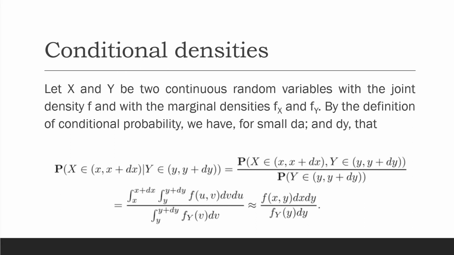By definition of conditional probability, we have, for small dx and dy, that the probability of X being an element of the interval x to x plus dx, given that Y is an element of the interval y to y plus dy, is equal to the probability of X in the interval x to x plus dx and Y in the interval y to y plus dy, all over the probability of Y in the interval y to y plus dy.